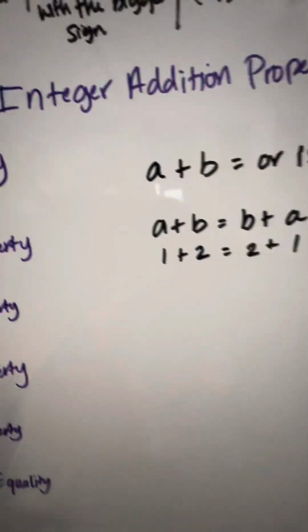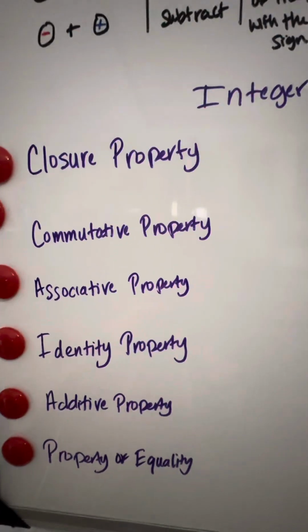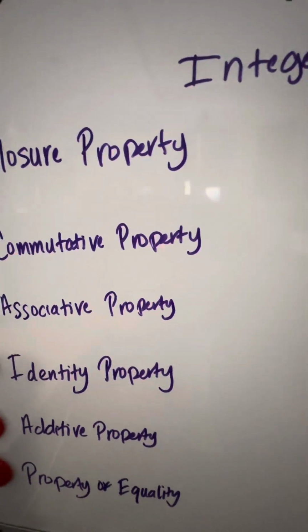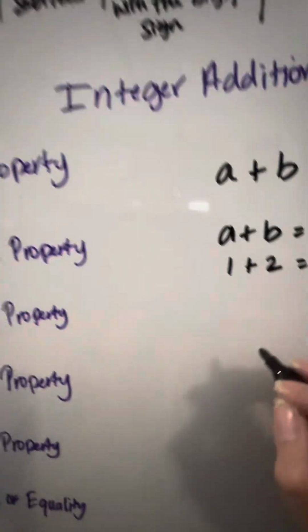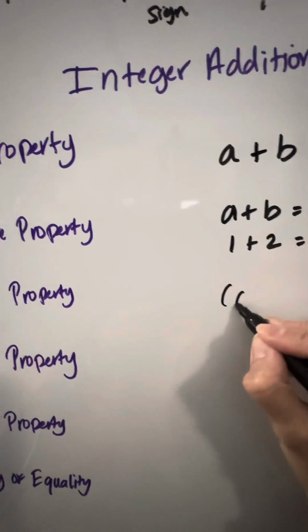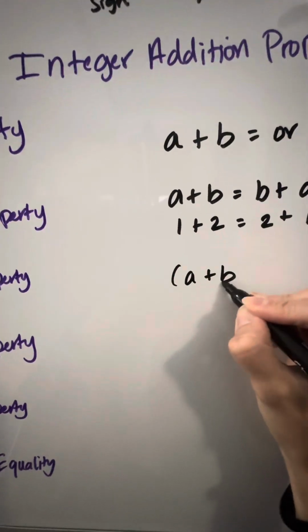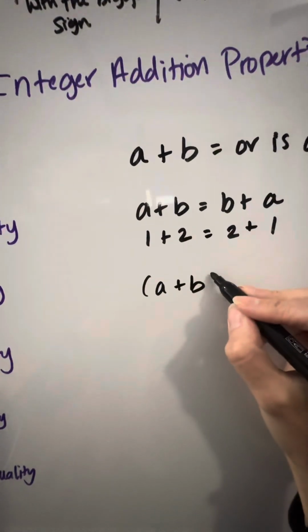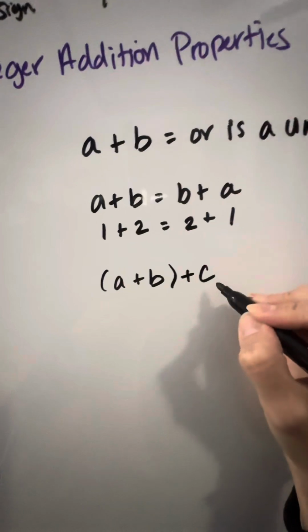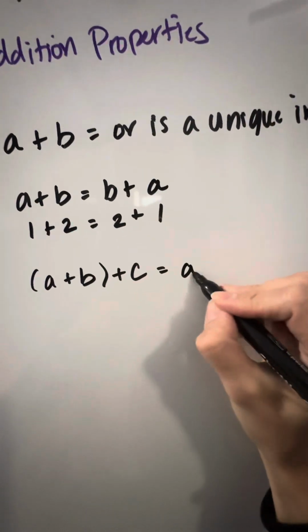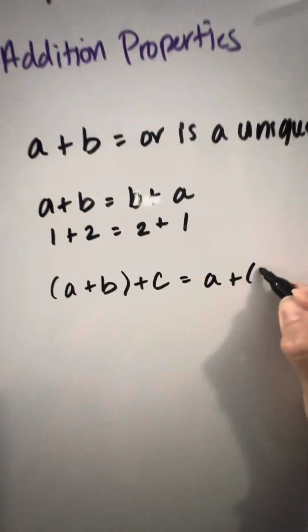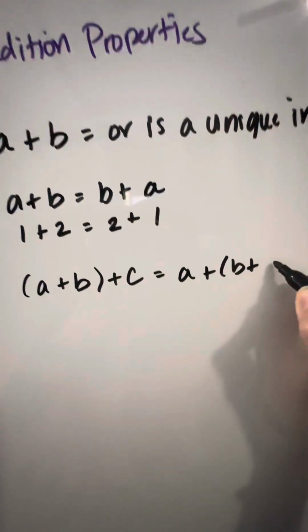Okay. Now we have associative property. Associative property tells us that (A plus B) plus C is equal to A plus (B plus C).